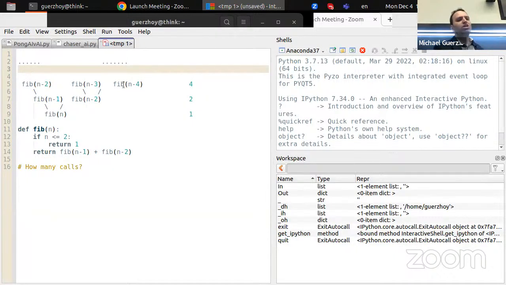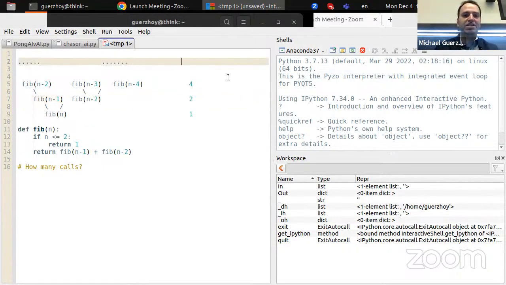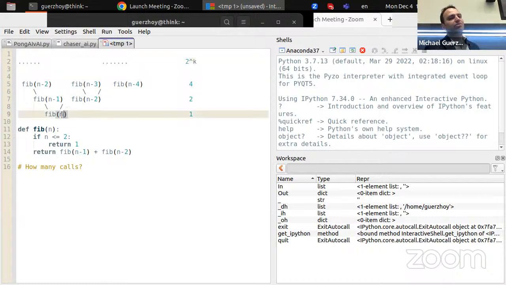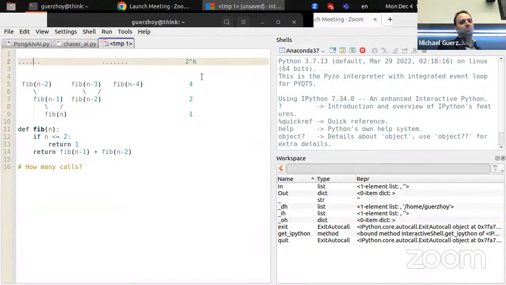And if it were the case that all the levels were complete, in the sense that it was going n to n minus 1 here and also n to n minus 1 here, then eventually you'll get to 2 to the k here. And what's k? Well, it's the number of steps that you need in order to get from n down to 1 or 2, which is n.